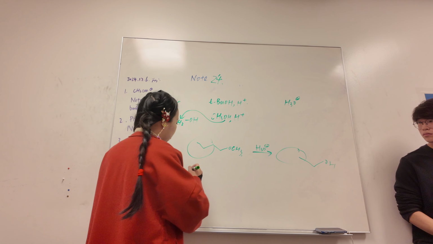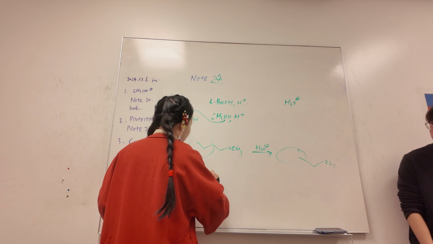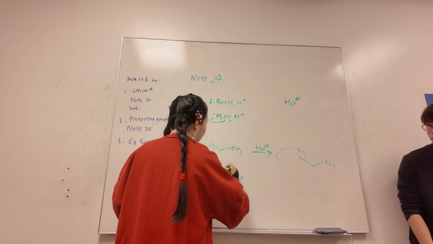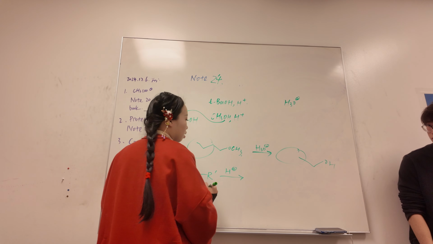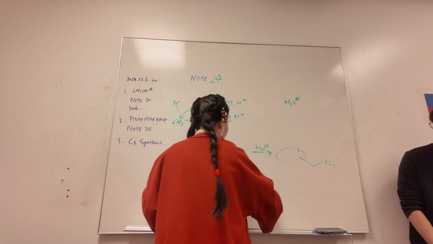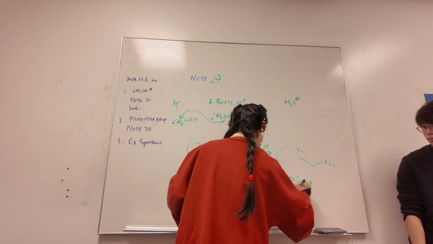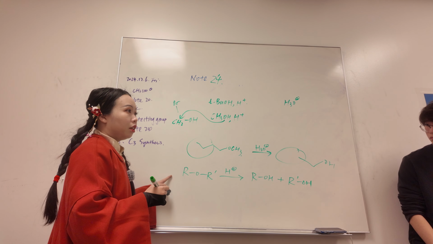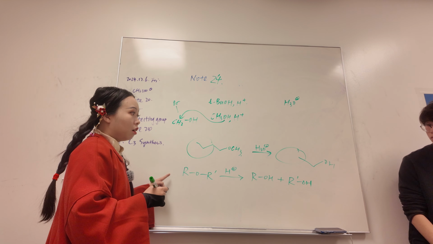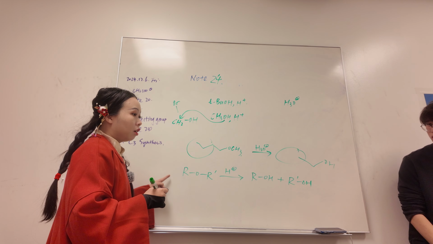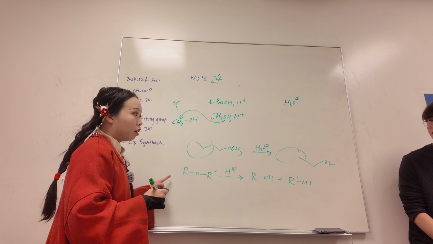It works the same way as R prime in acidic condition to form ROH and R prime OH. Isn't that something we write in the mechanism? Oh yes, we write this. I don't remember, that's why I'm asking you to go over it.